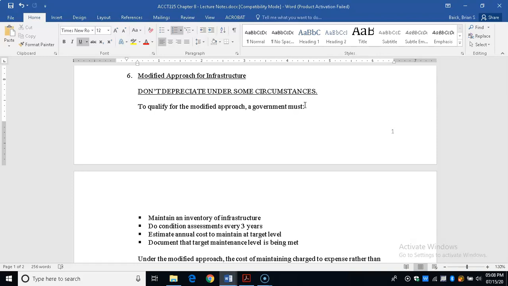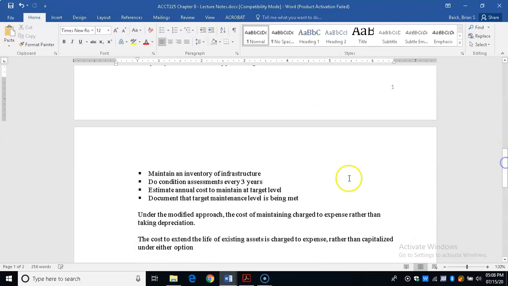You're going to paint it green or whatever. So there's no need to depreciate the Statue of Liberty because you're never going to sell it. Okay, so for the city of New York and the Statue of Liberty, they can use the modified approach. What does that mean? It means no depreciation.